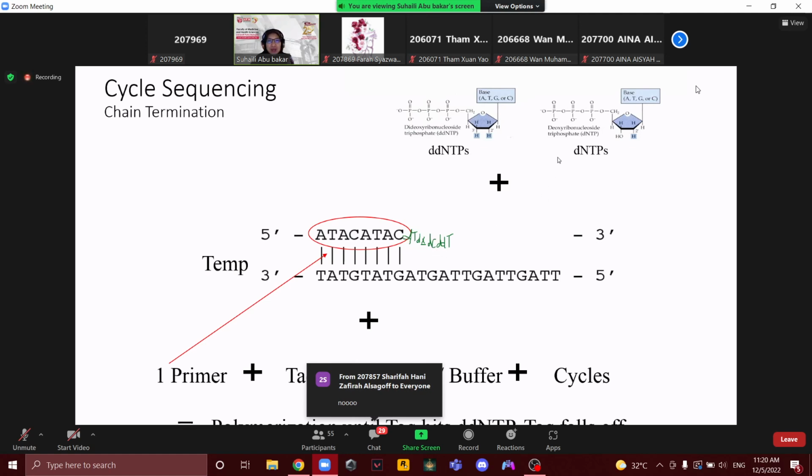No, because ddNTP is carried out. So what is the structure? There is no 3-hydroxyl here. Can you see? There is no structure of this 3-hydroxyl. So no polymerization. ddNTP doesn't have a 3-hydroxyl prime. Because there is none, no polymerization.